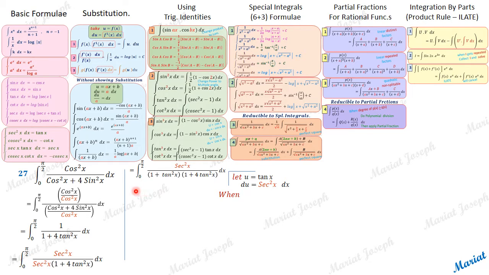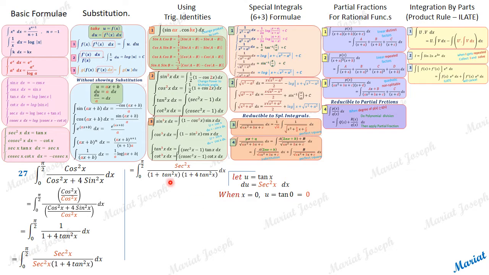But don't forget, it's a definite integral question. These limits 0 and pi by 2 are for the variable x, but we are planning to change the variable to u. When x is 0, u is tan 0, so u will also be 0. The lower limit will also be 0.